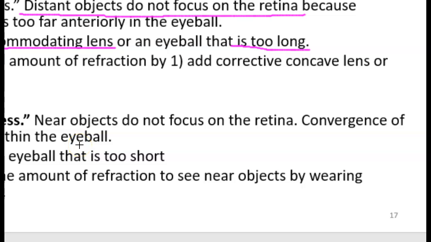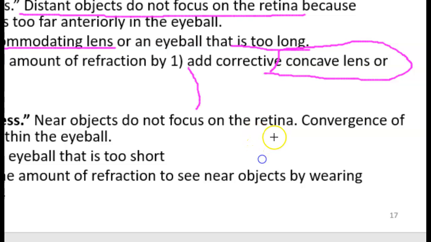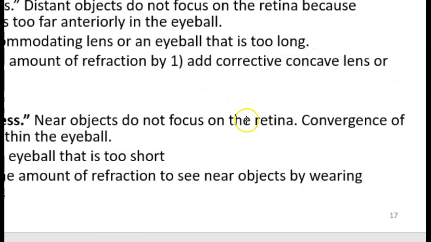Now, how do we fix it? Well, we add a lens in front of our eye, and we use a concave lens. I can't draw it very well here. We'll go to the next page and you'll see it in a second. Hyperopia is the opposite. Near objects are not focused in the eyeball.